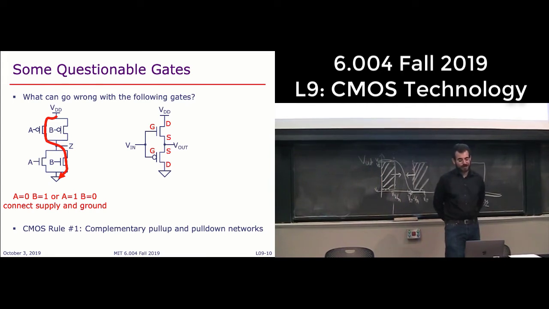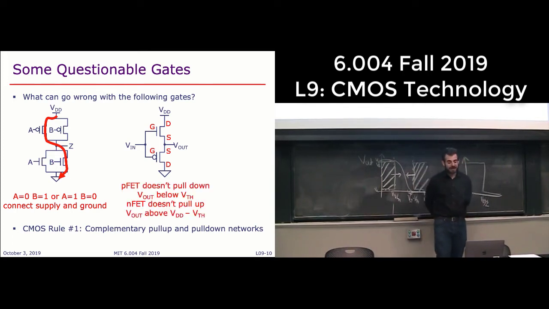That's the higher voltage terminal. Now, note how this is different from whenever we have NFETs in the pull-down and PFETs in the pull-up, right? Here the source is at VDD, and here the source is at ground. So what's going to happen here is that this PFET is not going to pull down the output below the threshold voltage. It's not going to drive it down to 0.